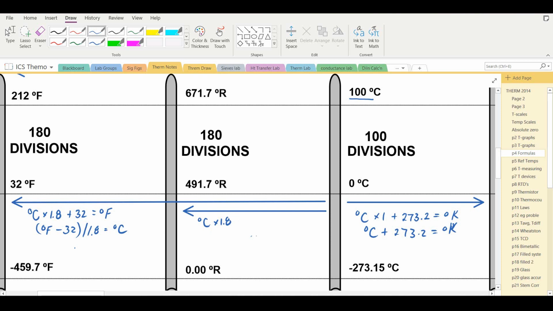So 0 times 1.8 is 0. Then we have to add or subtract an offset. So we're going to have to add 491.7, and that will give us temperature in degrees Rankine. If you want the reverse conversion, it would be degrees Rankine minus 491.7, divided by 1.8, would be degrees Celsius.